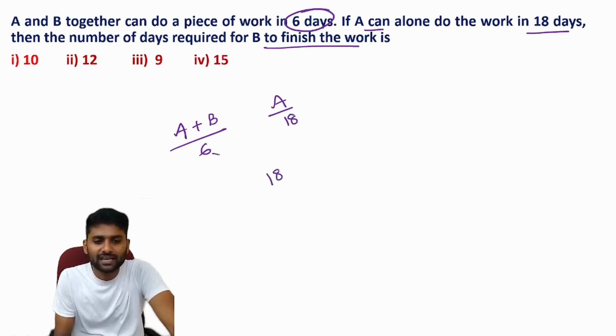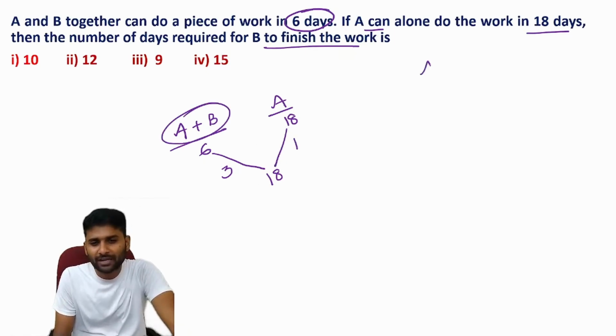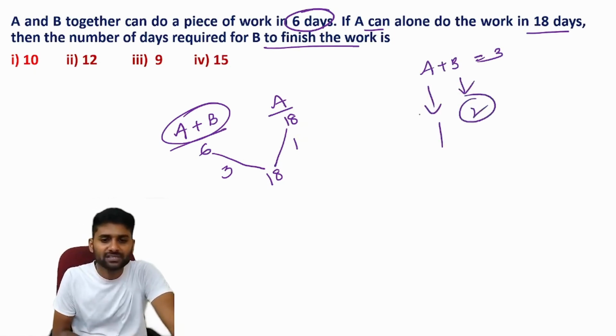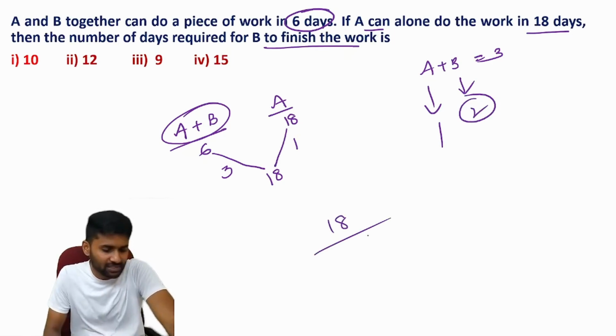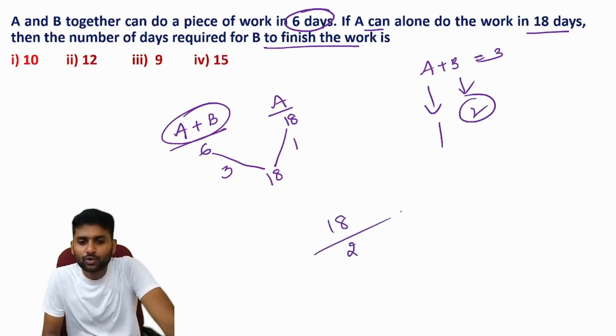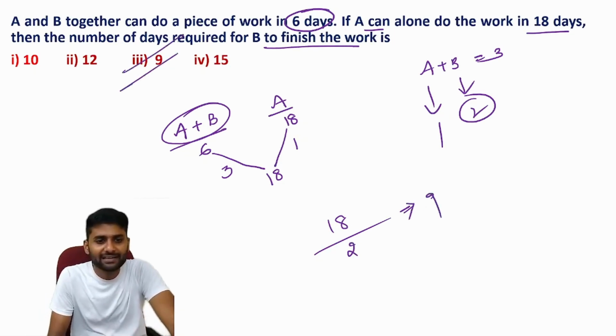Your total work is 18 units. AB efficiency 3 units, A efficiency 1 unit. If A and B together complete 3 units per day and A efficiency is 1 unit, definitely B efficiency is 2 units. Now we have to complete 18 units, now we are assigning B. For those 18 units completed by B, it takes exactly 9 days.